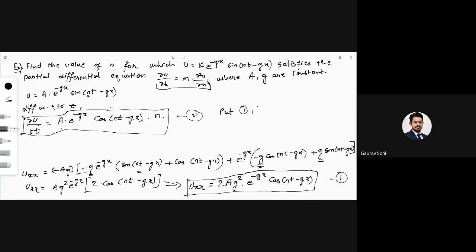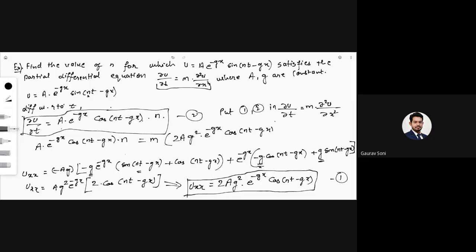Put 1, 2 in double u by double t is equal to m into double 2u by double x square. So we will have A e to the power minus gx cos of nt minus gx into n is equal to m in bracket 2A g square e to the power minus gx cos of nt minus gx.